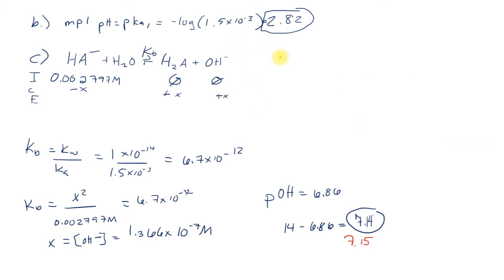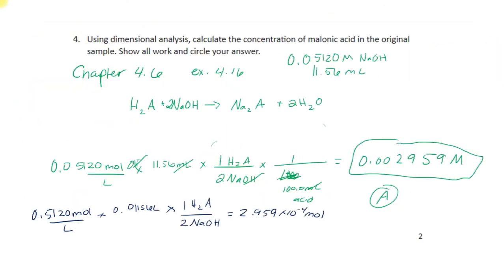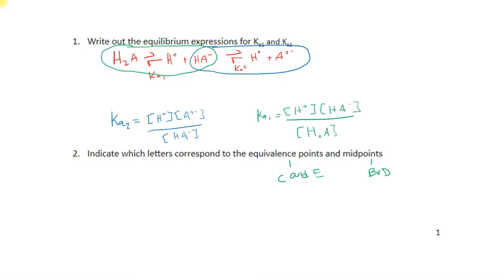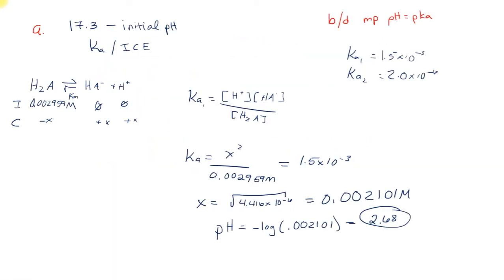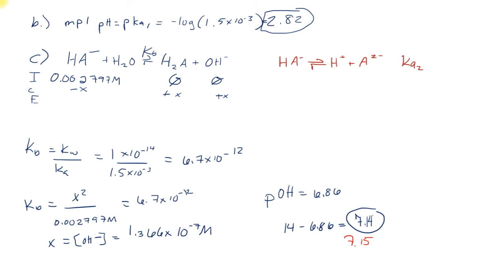So if I treat this as an acid, meaning it's going to give up a proton rather than taking it, then we would be making this. That is Ka2. That's the exact same reaction that we wrote earlier for Ka2. So the value of that is 2 times 10 to the negative 6.